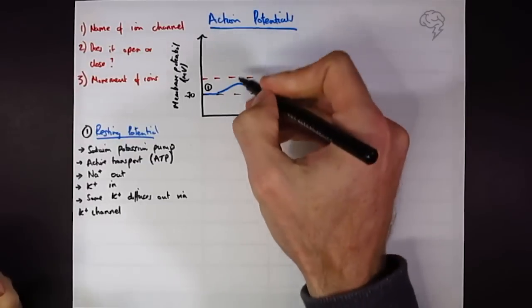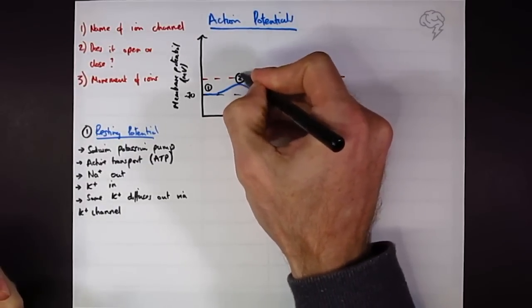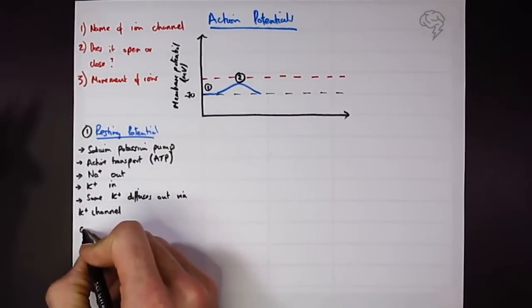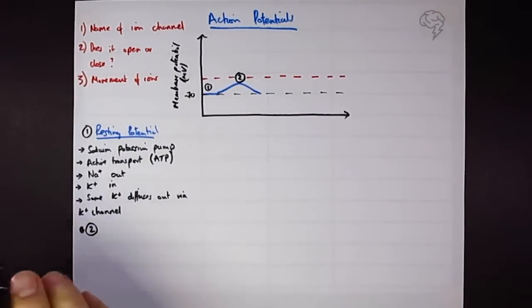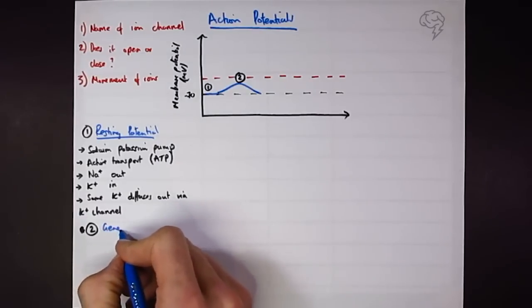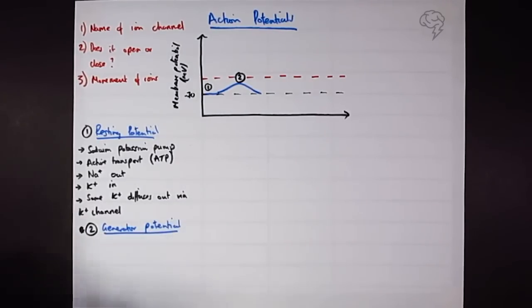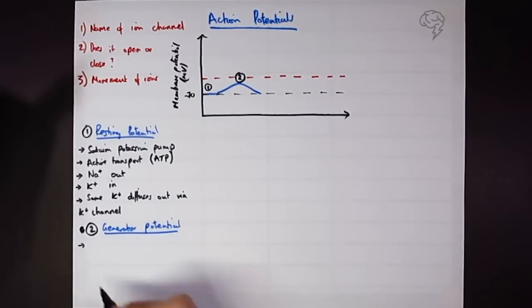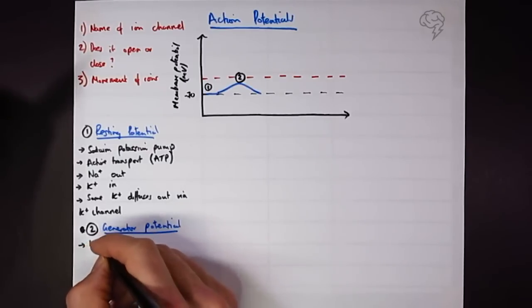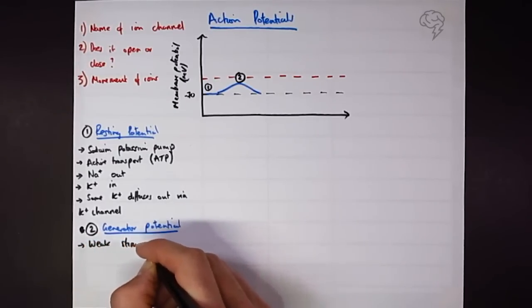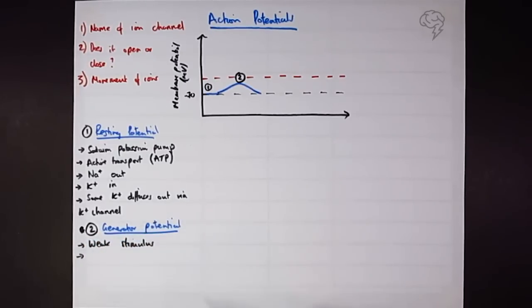The additional part that's on this graph that's not on most is our generator potential here. You are required to know what the generator potential is, which is why I put it on this graph. What do we need to say about it? Well, keeping these 3 things in mind, generator potential is actually going to be a weak stimulus. What else can we say about generator potential?